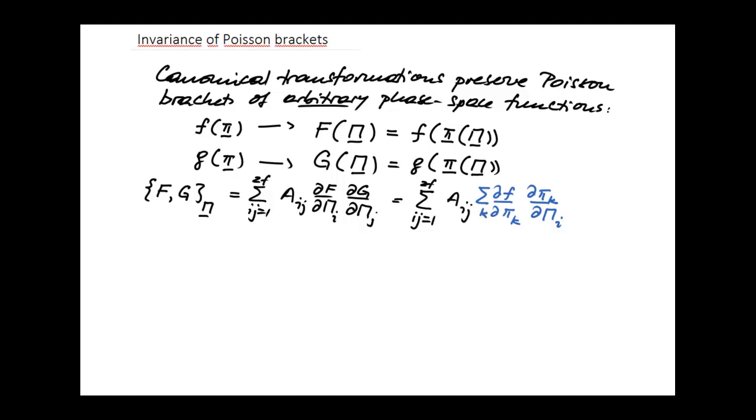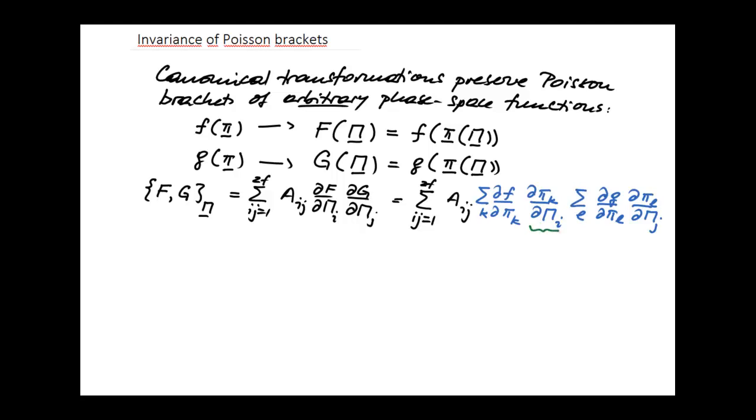And we do the same for the second partial derivative that appears in here, of g with respect to capital pi j. We write that as the partial with respect to little pi l, times the partial of little pi l with respect to capital pi j, sum over all l.